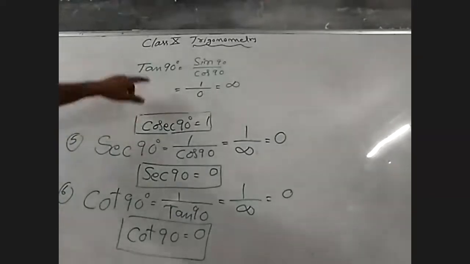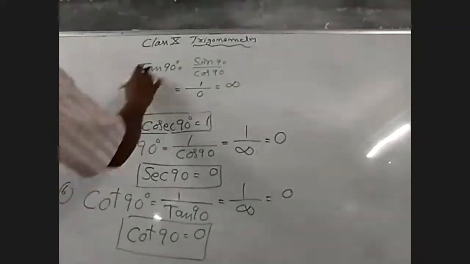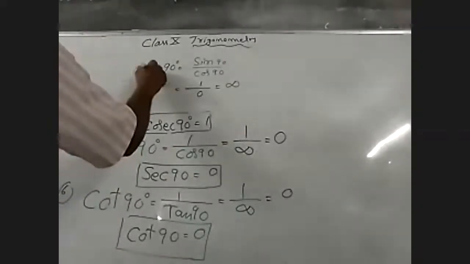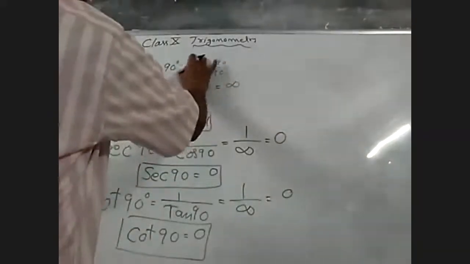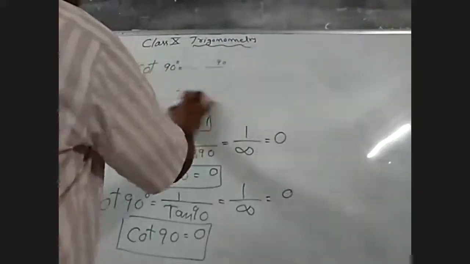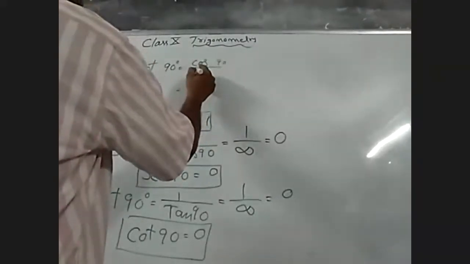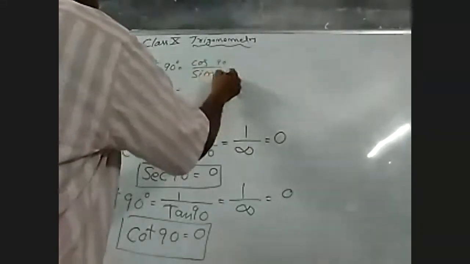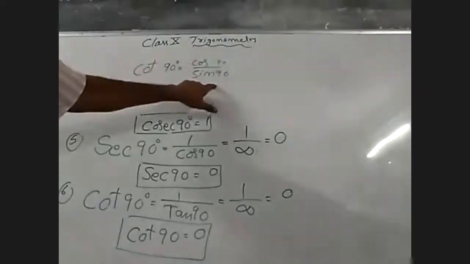అదే విధంగా similarly in the same manner you have to find cot 90. రాసుకోండి. While I am telling you, write down in your notebook. So cot 90 is cos 90 by sin 90. You know that cot theta is equal to cos theta by sin theta.